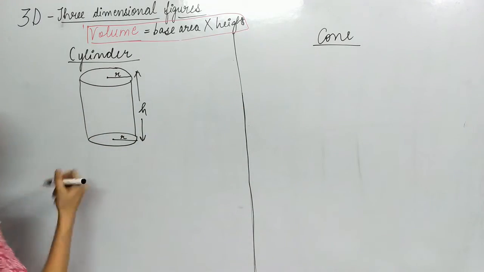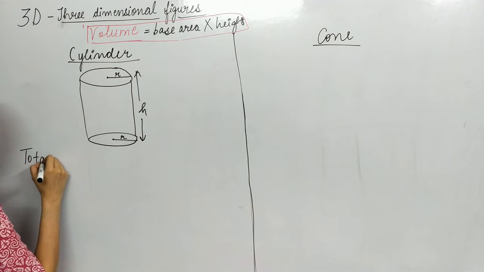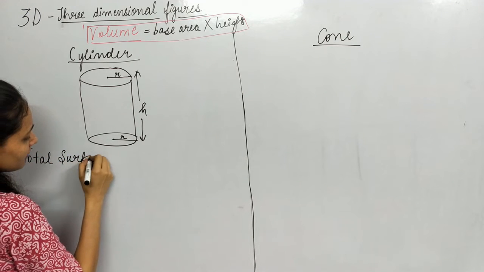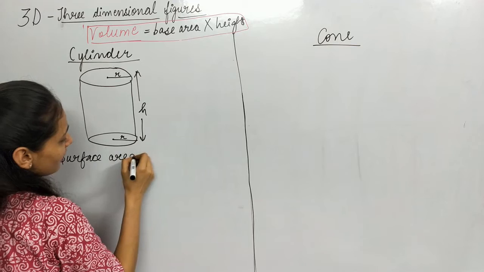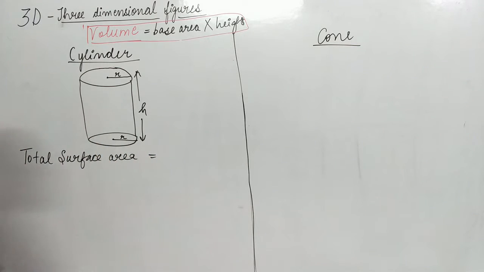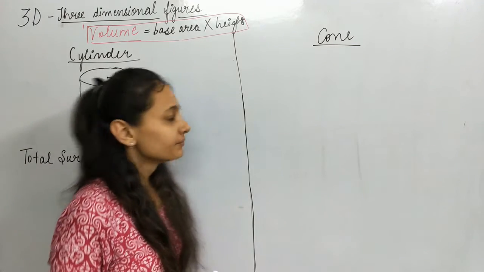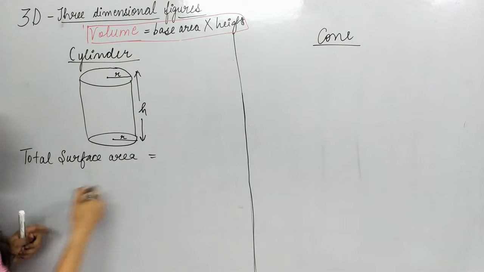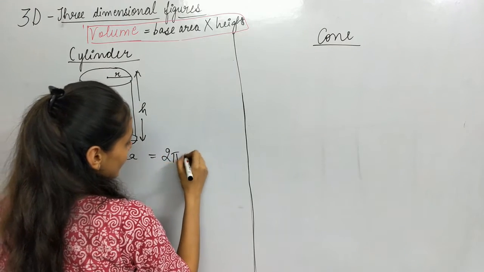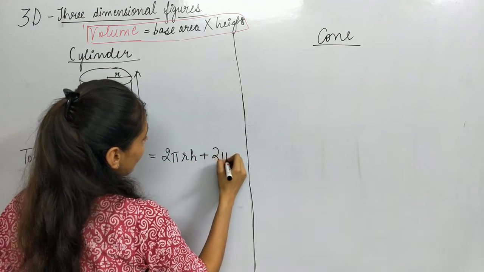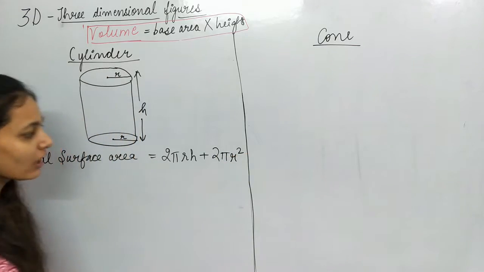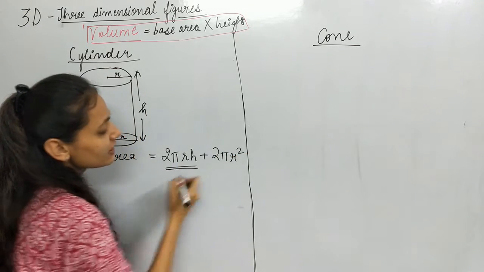So total surface area of cylinder will be, what will be the total surface area of cylinder? Will be 2 pi RH plus 2 pi R square. How come? This is the curved surface area of cylinder.